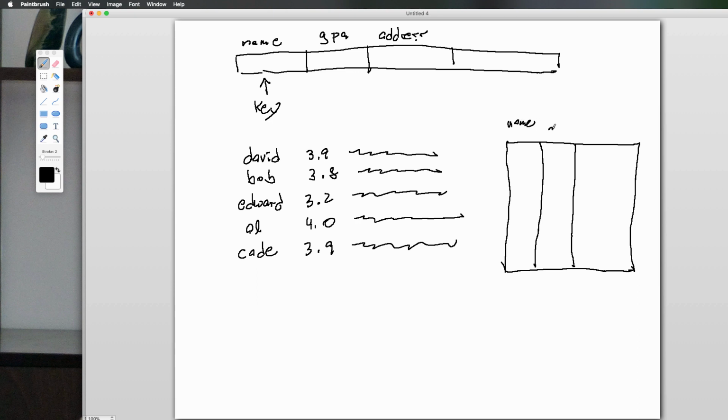And over here is the GPA. And here's other stuff here. And we can even imagine that the table is exactly the right size. So we've got a table over here with 5 elements. Okay. Now the whole idea of a hash table is we have something called a hash function.